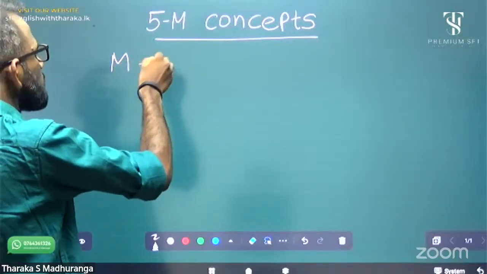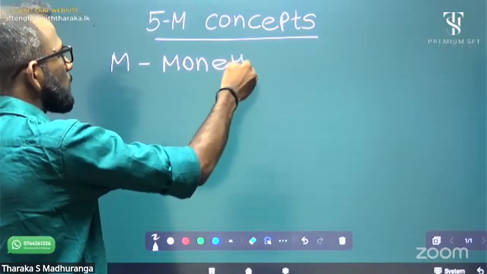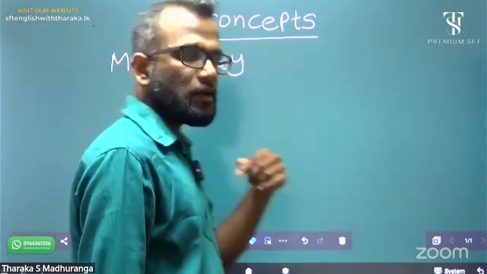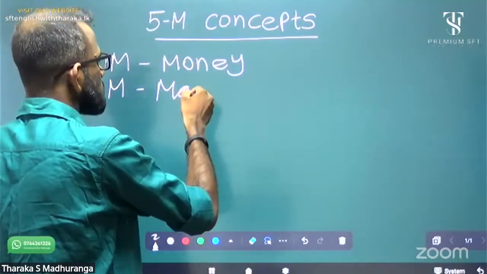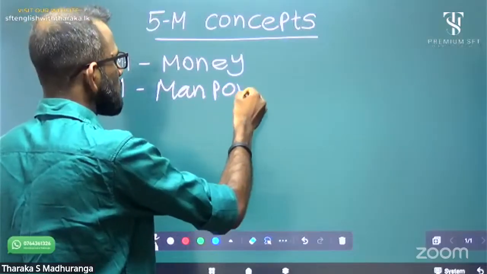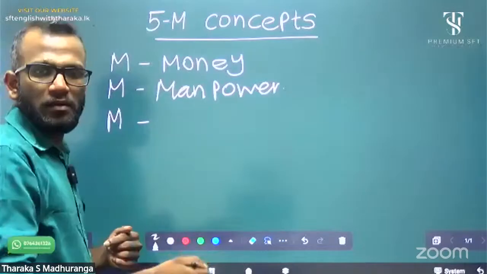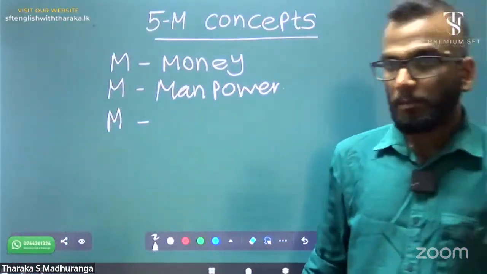First M for money. Second M, good manpower. Third M, machines.